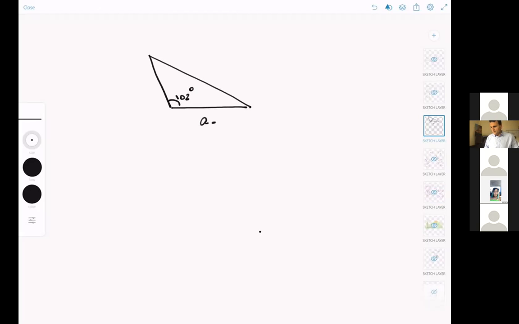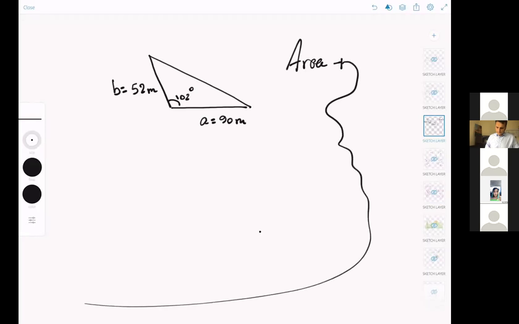This is A equal to 90 meter, B equal to 52 meter. What is the area of this guy? We proved the formula a long time ago when we learned about sine.